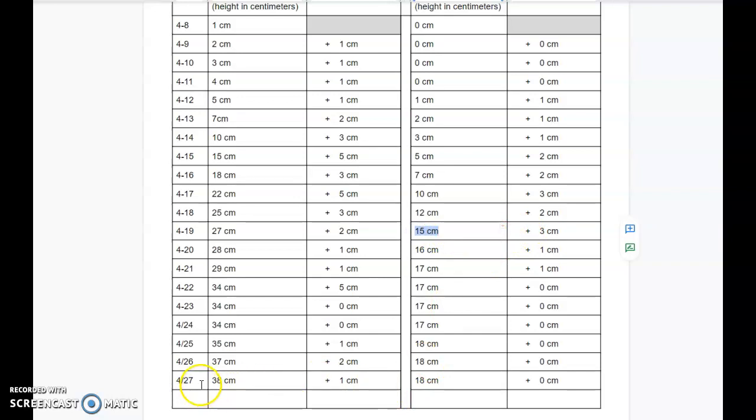You will have to write the dates for all of our seedlings in between the 19th and the 27th, as well as the heights and the amounts of change. You'll need to do that for both the peas and the corn. You may need to pause the video now to catch up on your measurements.